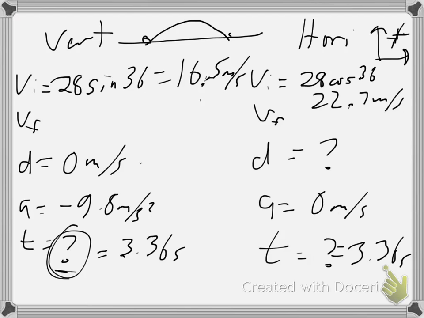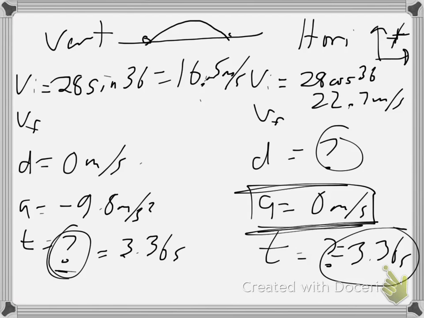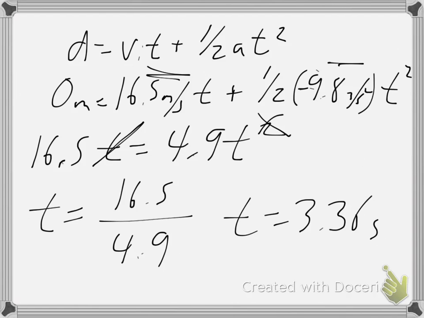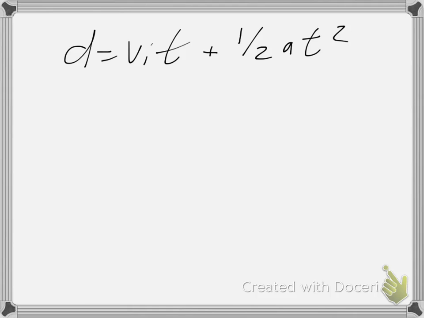So now that we know this horizontal time, let's go and figure out this horizontal distance. Now the key to this problem here is that your acceleration is going to be 0. And you should know that if your acceleration is 0, then you can go to the formula d equals VIT. Now really this is d equals VIT plus 1/2 AT squared, but if a is 0 here, then everything here cancels out, because 1/2 times 0 times t squared is 0.